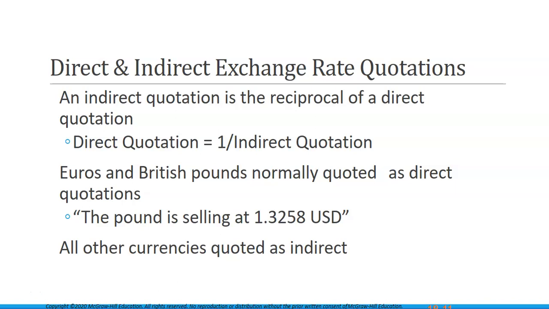So as I said, they're reciprocals of the other. They're just the flipped version of one another. Euros and British pounds are normally quoted as direct quotations. So the pound is selling at 1.3258 USD. Almost all other currencies are quoted as indirect.